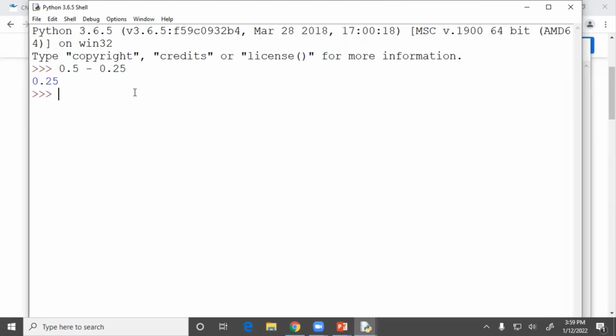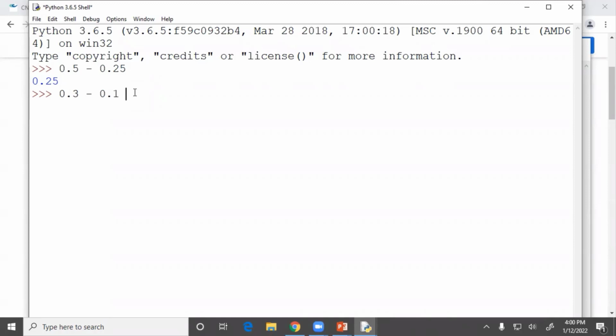Clear? Now, 0.3 minus 0.1. Hafsa again. 0.2. So 0.3 minus 0.1 is going to be 0.2.